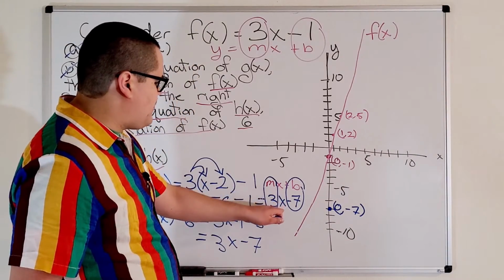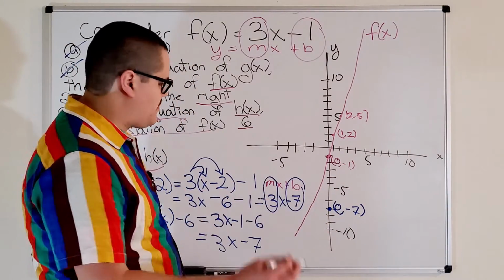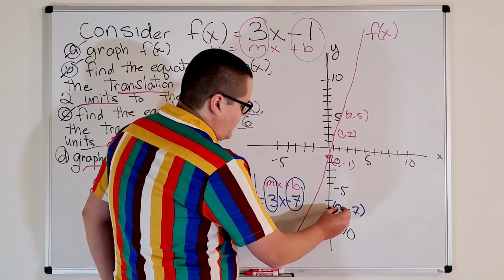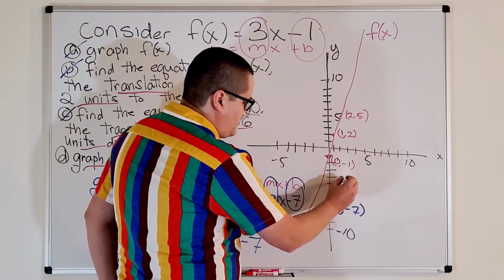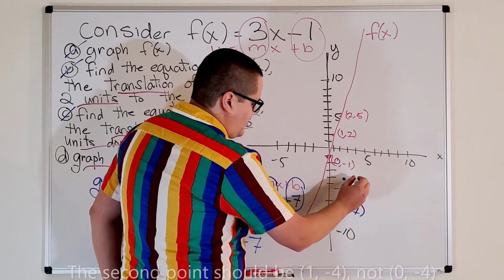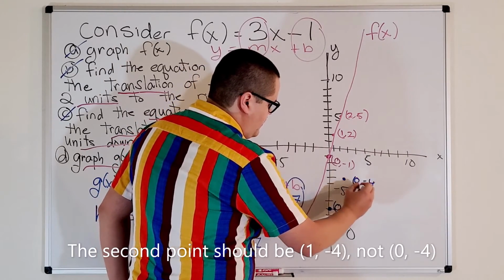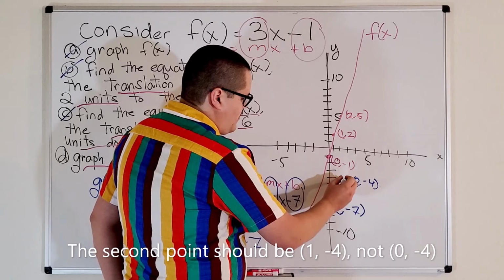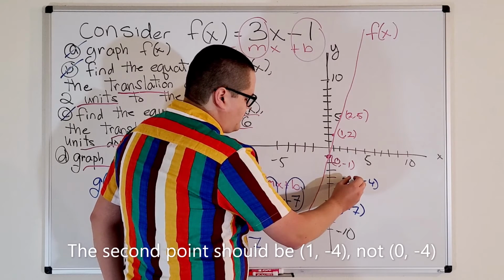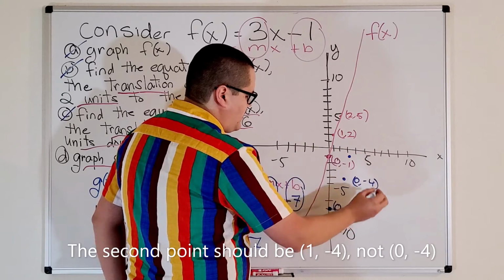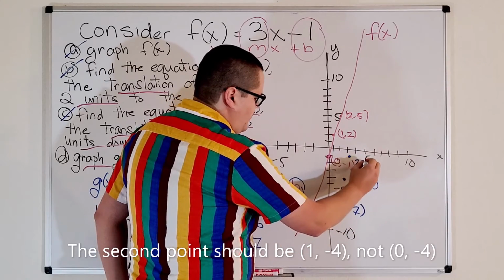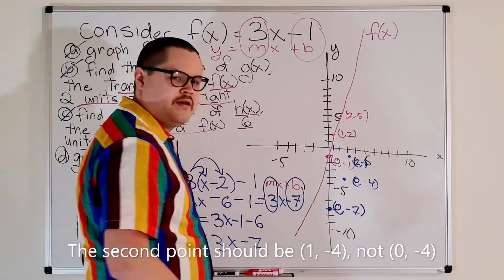Then every time we go right 1, we go up 3. So if we go right 1 to x equals 1, we go up 3 from negative 7, which is negative 4. And if we go right another one, we're at x equals 2, we go up 3 from that, and we get a y value of negative 1. Okay?